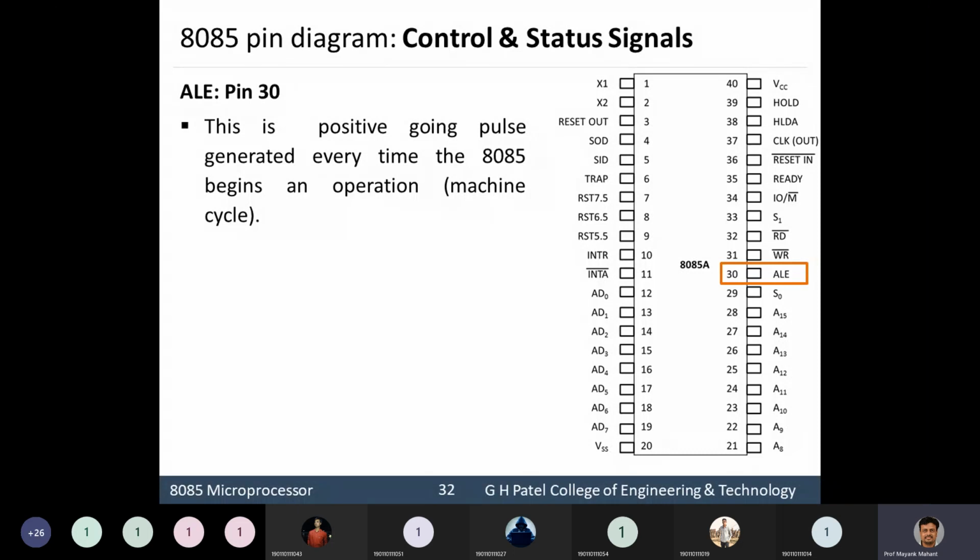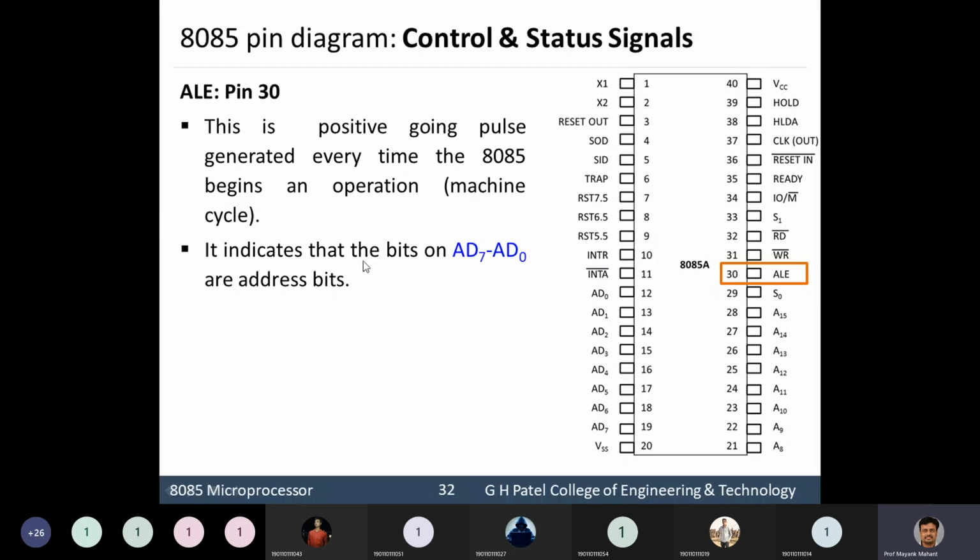This ALE, which is pin number 13, is a positive going pulse generated every time the 8085 begins an operation. This is what we call a machine cycle. We would shortly be discussing machine cycles, T states and operation codes later on.